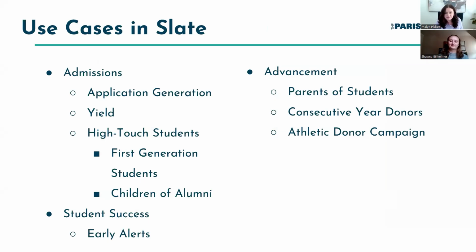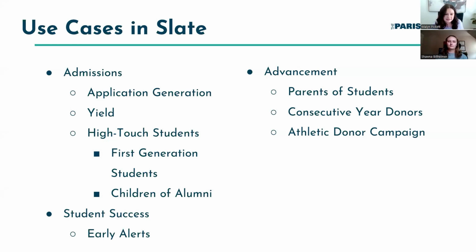Awesome. Thanks, Shawna. We know that this example has been pretty admissions heavy, but there are plenty of other use cases for assignment lists within Slate. Some of those include application generation, yield, like you saw, those high touch students like first generation and children of alumni.